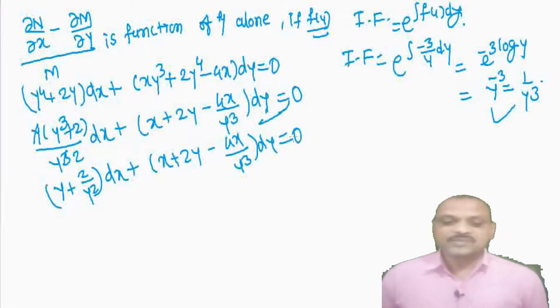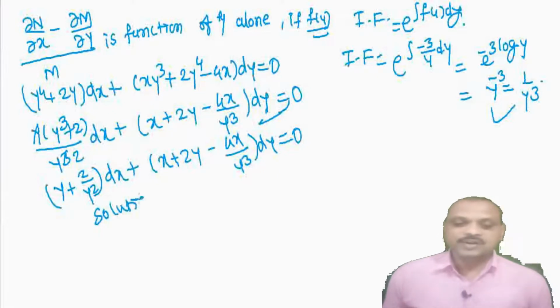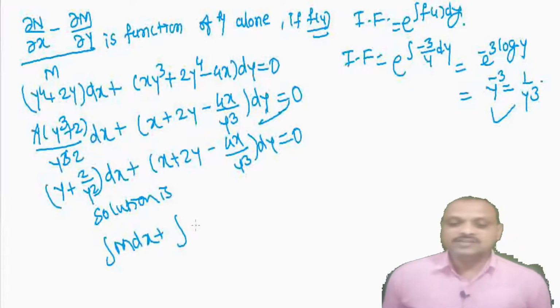Now the solution of this equation is integration of M into dx plus those terms of N not containing x into dy equal to c.